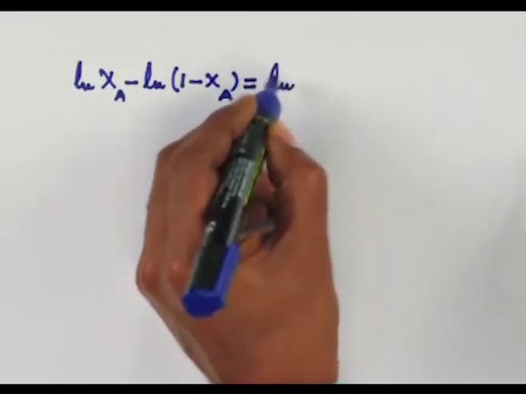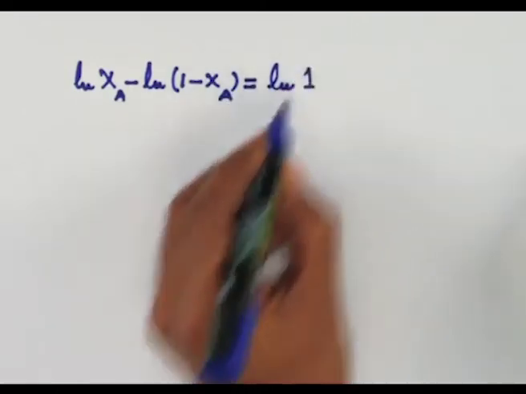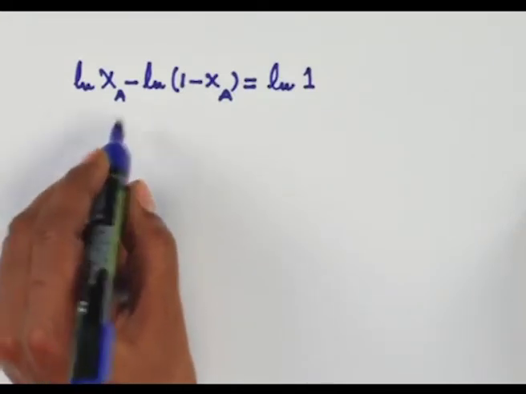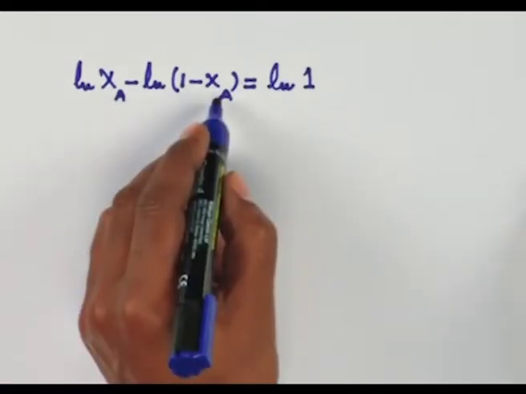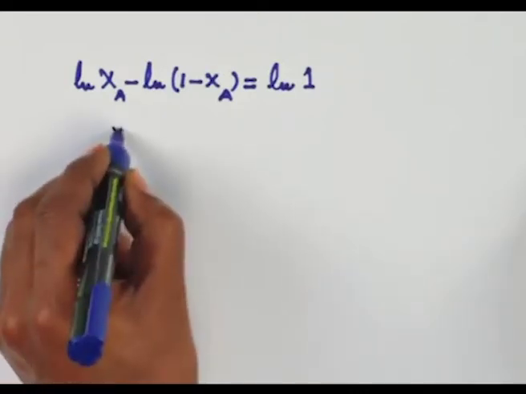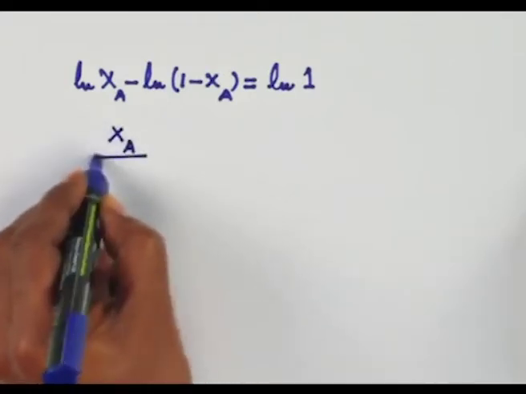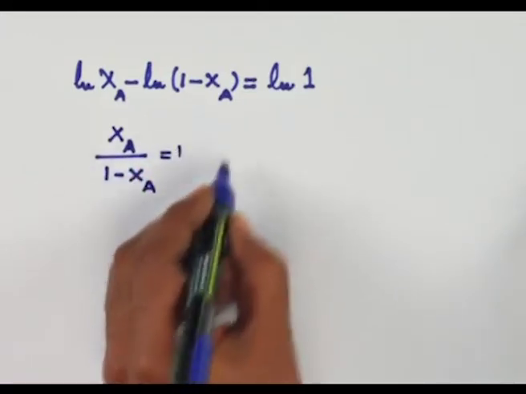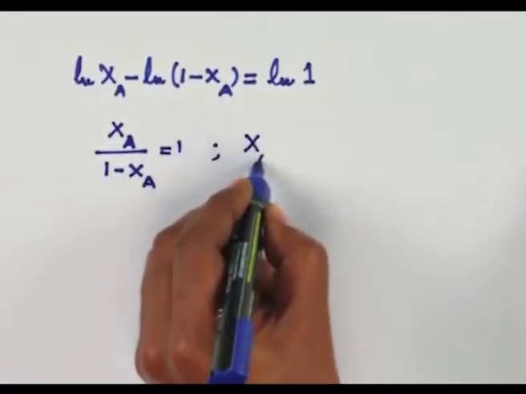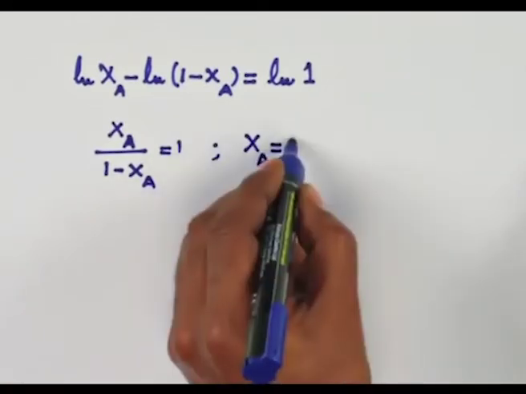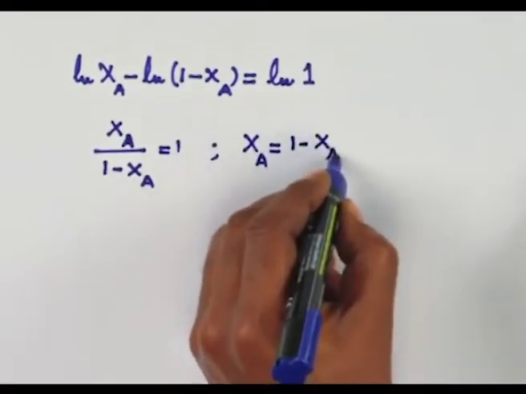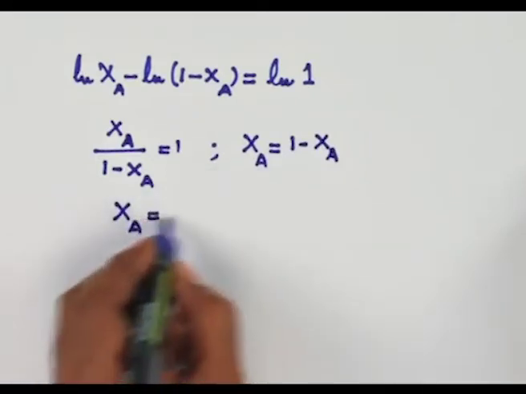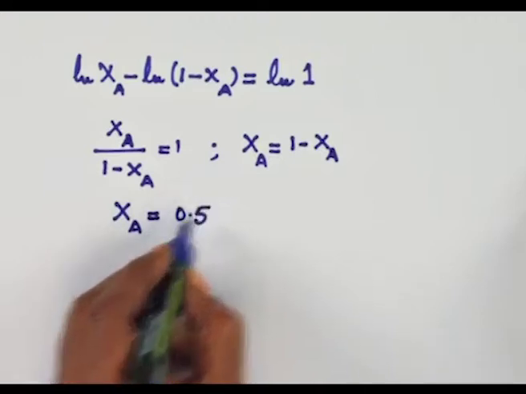Let me put 0 equal to log 1. Log A minus log B is log A by B. That means this equation tells me XA over 1 minus XA is equal to 1, which is XA equal to 1 minus XA, or XA is equal to 0.5.